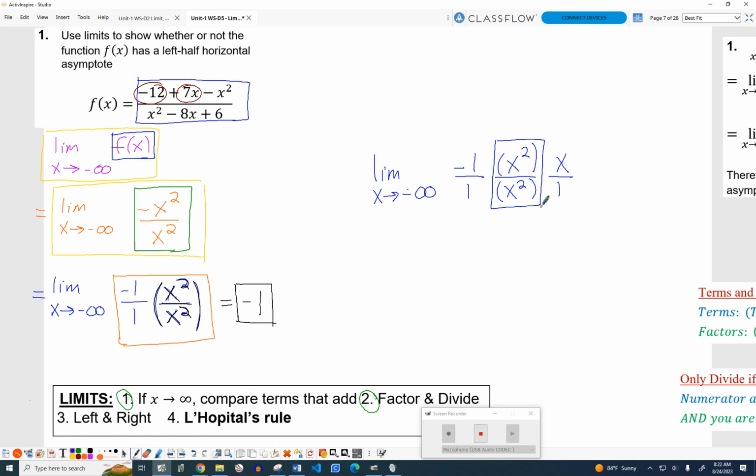But this is just going to become very, very negative because x is becoming very, very negative. So extremely negative times negative 1 times 1, this thing's going to become infinitely positive. Oops, positive, my bad. Thank you. Nice catch.